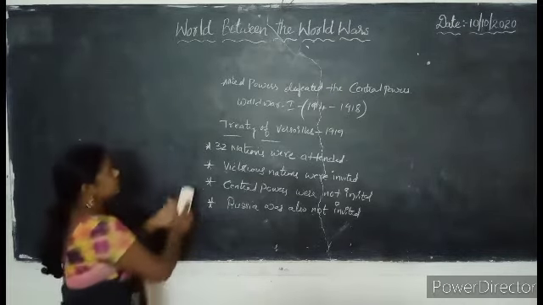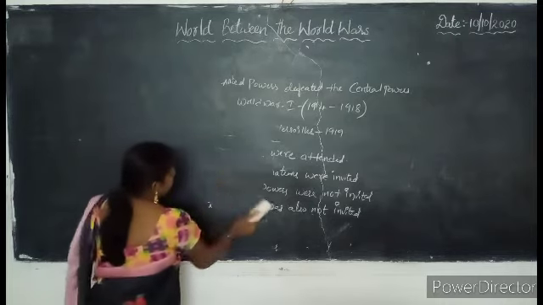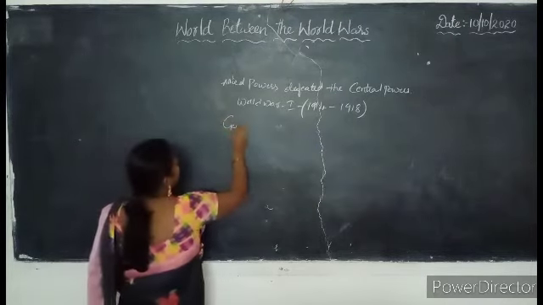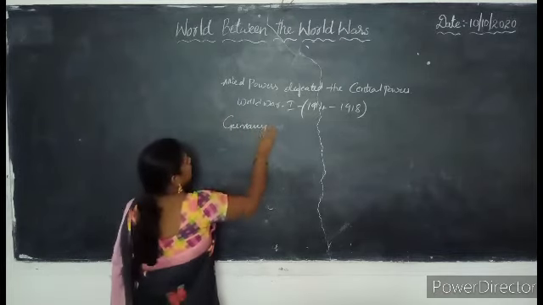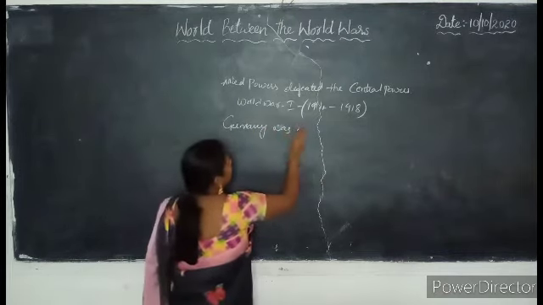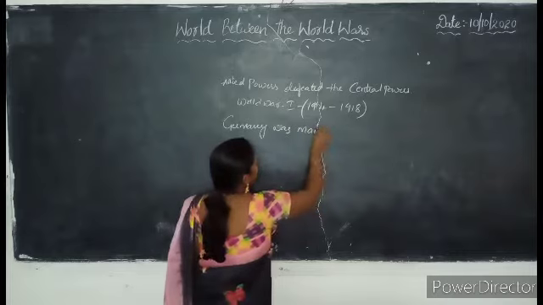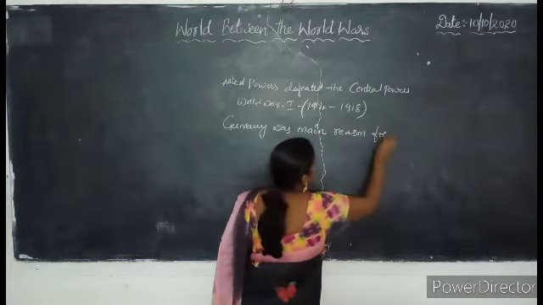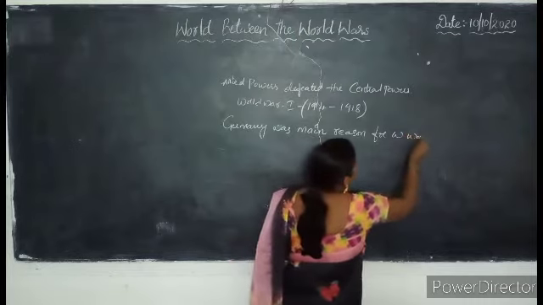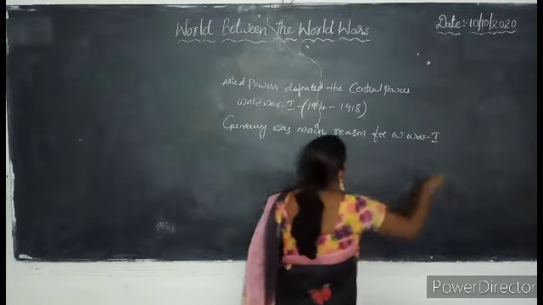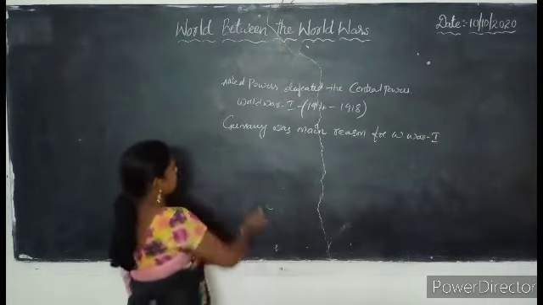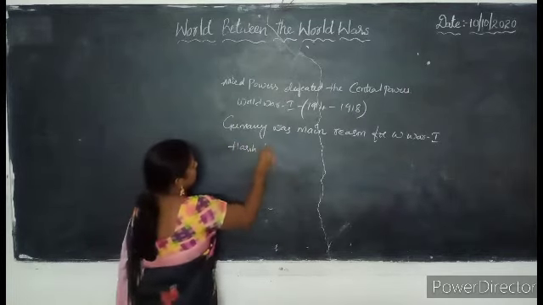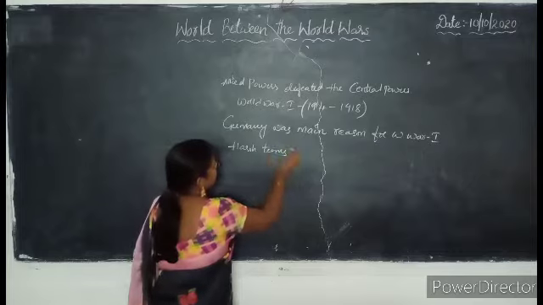Why? Because Germany was the main reason for World War I. So the Allied powers imposed the harsh terms and conditions.